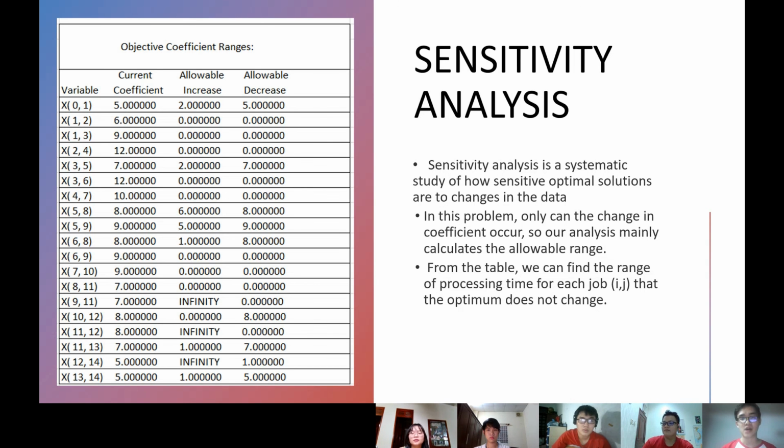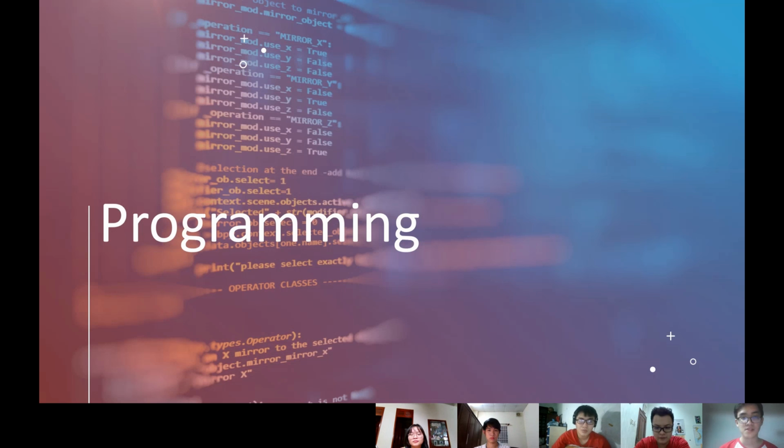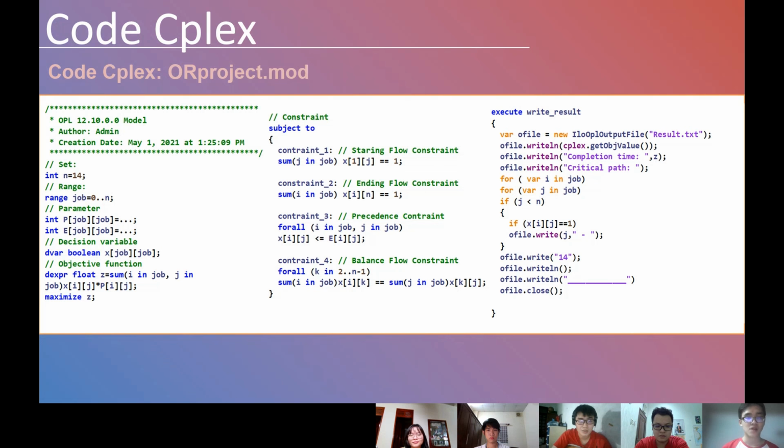The next one is our programming. In this problem, we use simplex to calculate the completion time and the critical path. As you can see in the file, our project.mod represents our mathematical model.